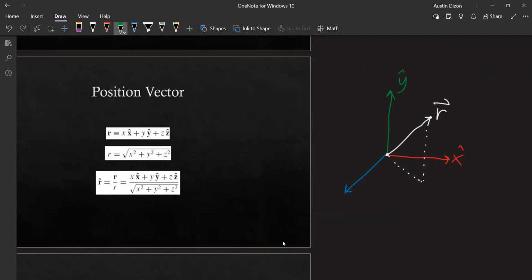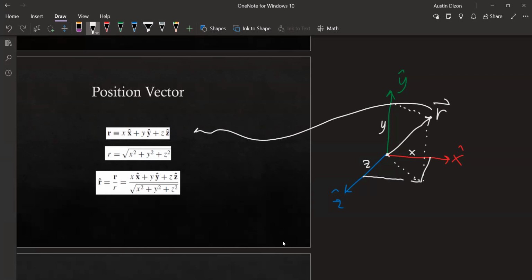Tandaan na rin natin yung convention natin na si X ay red, si Y ay green, then blue si Z. So, kung ito yung length nito ay X, tapos ito yung height niya is Y, then Z. Then, R will be defined like this.